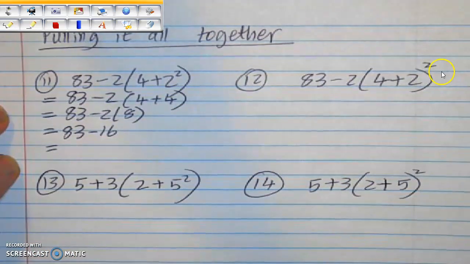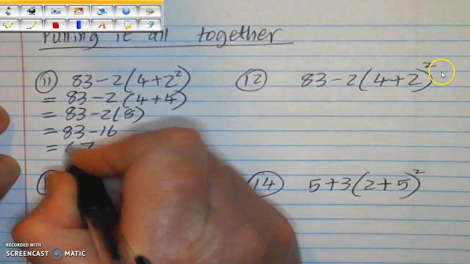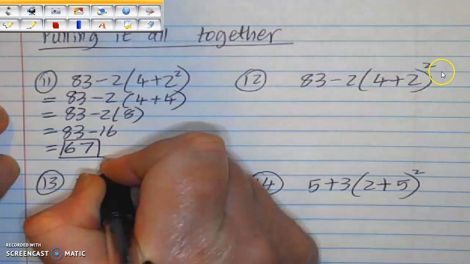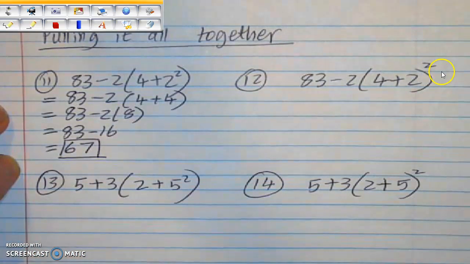And when you take 16 from 83, 67. Notice how I did the subtraction as the very, very last thing because it was not inside grouping, and subtraction is one of the lowest operations in GEMDAS. Okay, addition and subtraction come last if they're not inside grouping.